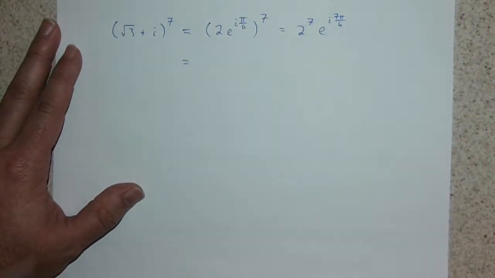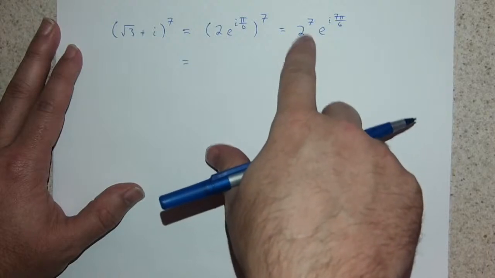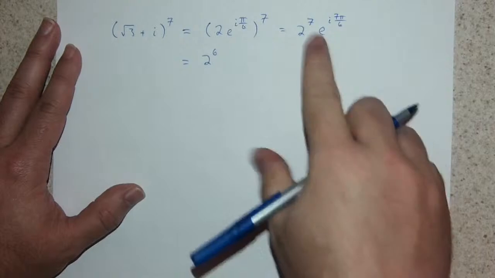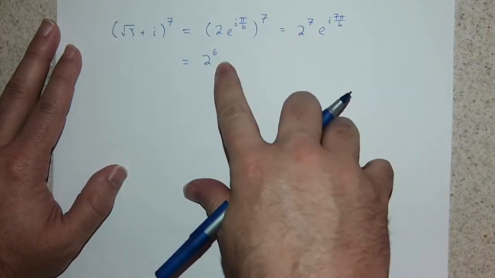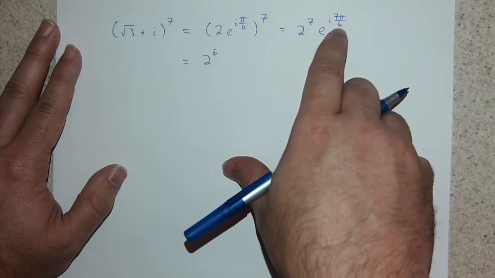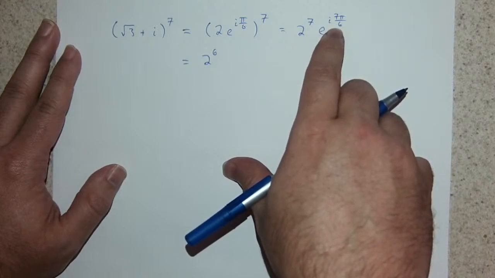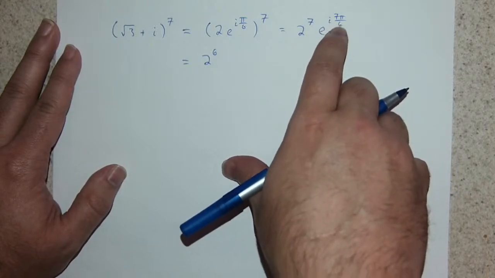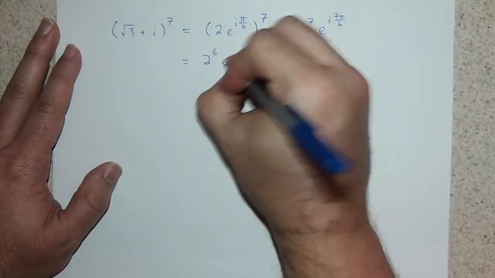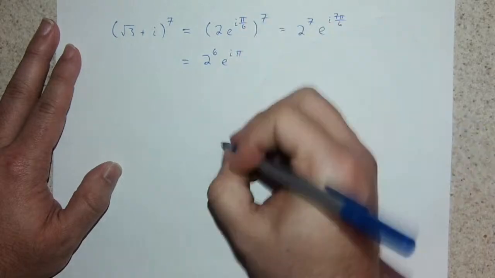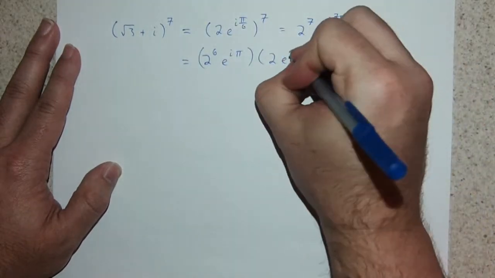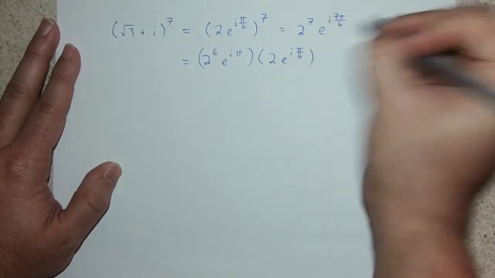So for instance, if I peel off one of these 2's, I would have 2 to the 6 times 2, times e to the, I'm going to peel off a pi over 6 here, so that I'm just going to have a 6 pi over 6, or just pi, left over there. So this is 2 to the 6 times e to the i pi times 2e to the i pi over 6.